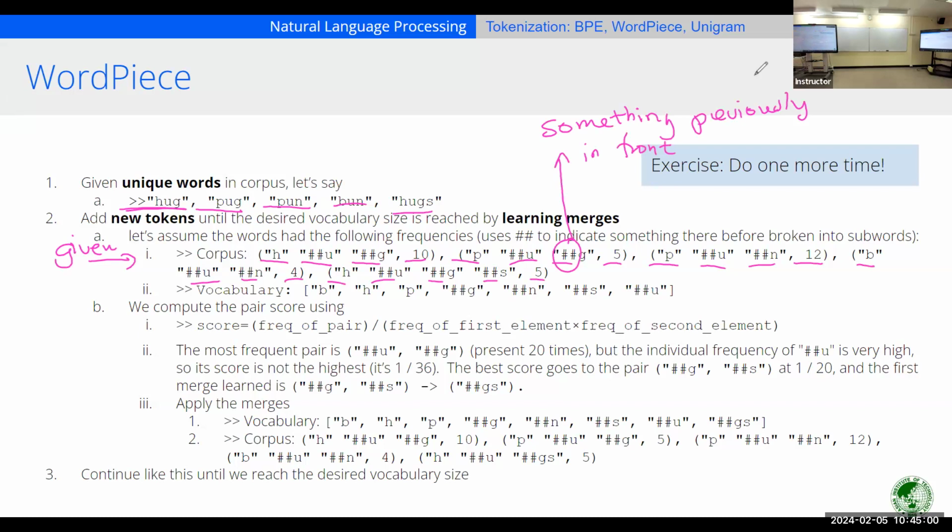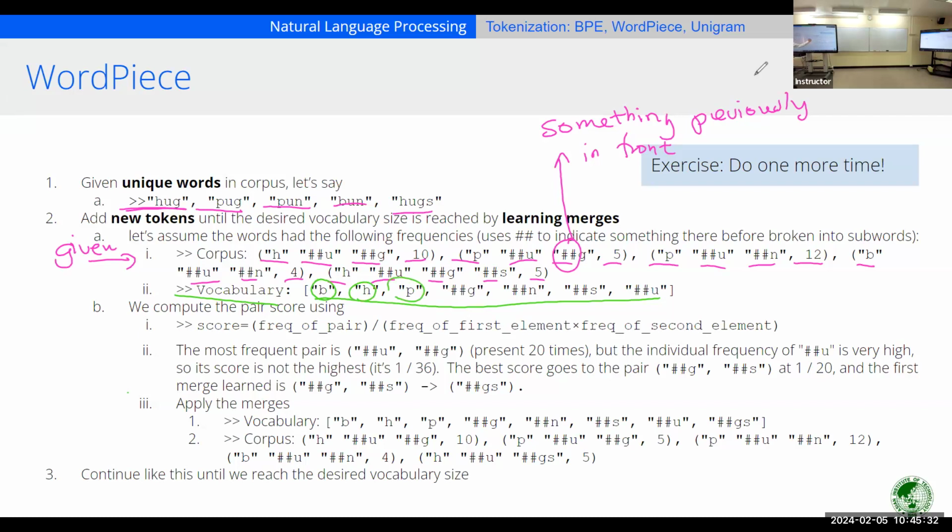Based on this, we can come up with a vocabulary, and our vocabulary is nothing but this. You can see that it's very interesting. Here, B, H and P are the only three that can be in the front.